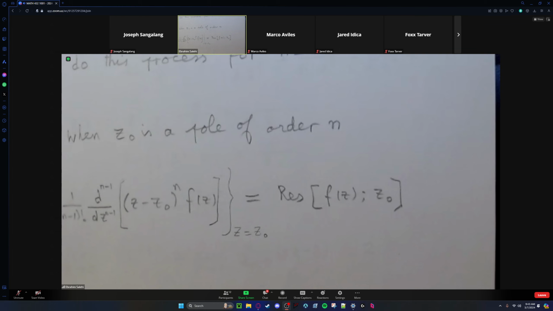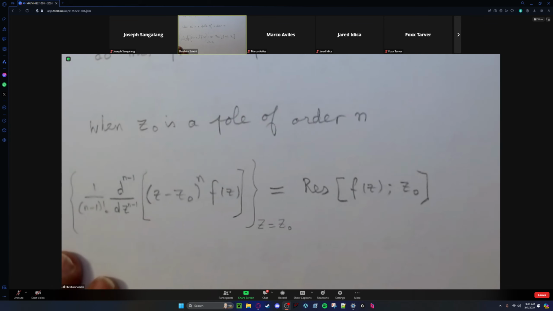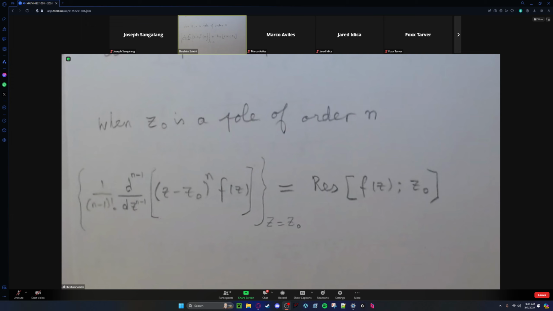Next time, which is Tuesday after your spring break, I also have another review of sections 16.1, 2, 3, and more examples to make sure that you can apply this formula and you understand the residue theorem, because the residue theorem is extremely, extremely important for us, extremely important in complex analysis. It's the highlight of integration theory.